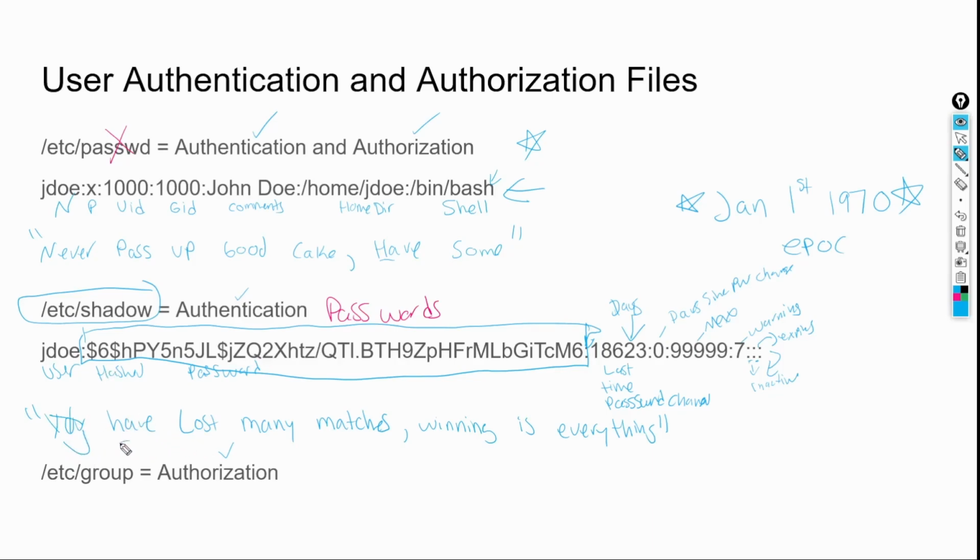U for the user, H for the hashed password, L for the last time the password was changed, counted since 1970, the M for the minimum number of days since the password was changed or needs to be changed, the maximum number of days a password is valid before the user is required to set a new password, the W for the warning, the number of warning days that show up before the user is required to change their password, the I for the number of days before the account becomes inactive, and the E for expiration, the number of days since January 1st, 1970 until the account expires.